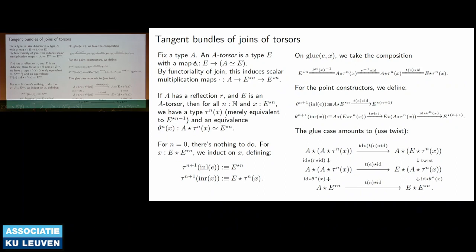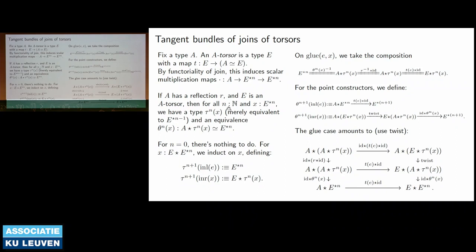So if you have any type E, and if you have a point in E, you get an equivalence to A. It's a little bit non-standard, but it works very nicely for this purpose. If you swap the arguments, then you can take any join power of E, you get these scalar multiplication maps. So that's all we need this torsor structure for, basically. Okay, so the construction works if A has a reflection. It doesn't have to be coherent just for the construction itself.